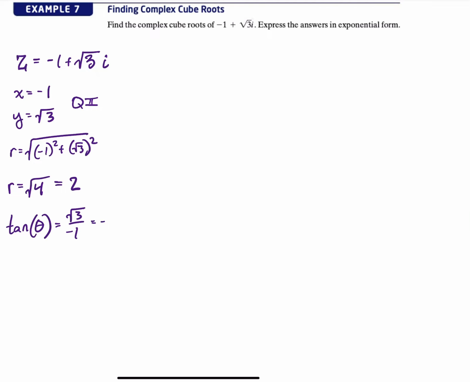That's negative root 3. So this will be the pi over 3 angle in the second quadrant. That means theta must be 2 pi over 3. So our complex number in exponential form is 2 times e to the power of i 2 pi over 3. So we'll start there.